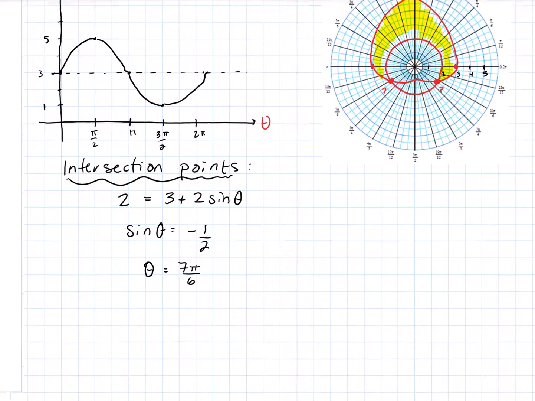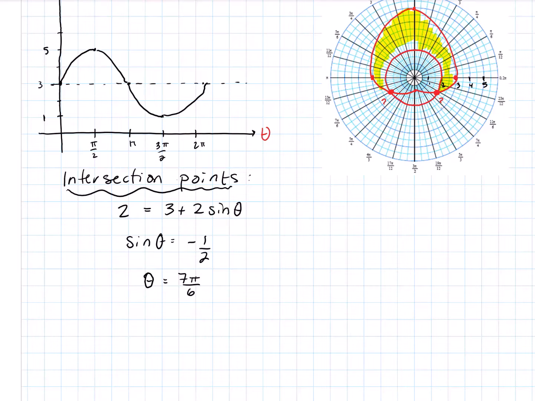pi over 6. Oh, you know what we could also do, if we wanted to see this on the graph, we could see the graphical intersection points as well. So there's the graph r equals 2, and here was the graph r equals 3 plus 2 sine of theta. So we can even see the visual here. We can see where those intersection points are here and here. So we're at 7 pi over 6 and 11 pi over 6.